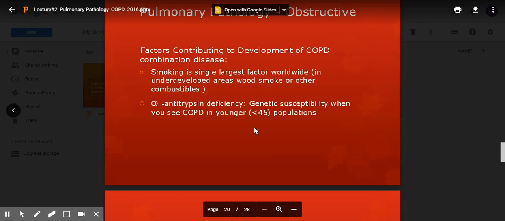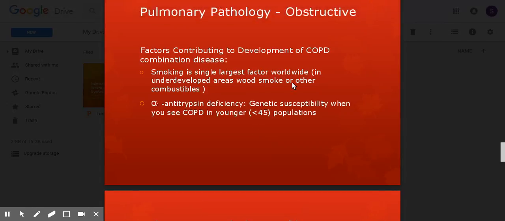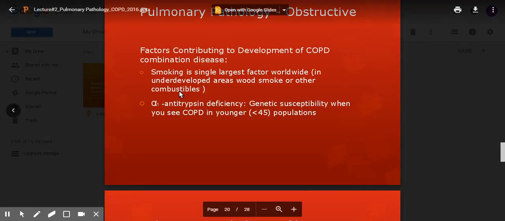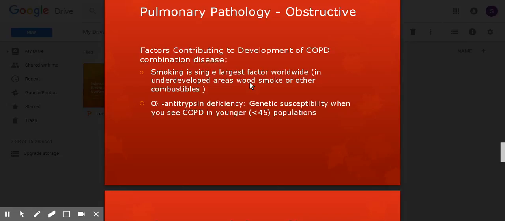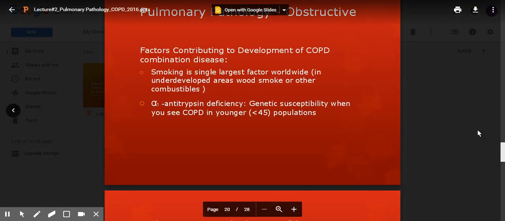So again, factors contributing to the development of COPD. Smoking, again, is the single largest factor worldwide. You will see in some underdeveloped, third world areas that wood smoke or coal burning stoves, where people have to cook or heat their homes with smoke producing combustibles, will see a rise in development of COPD.